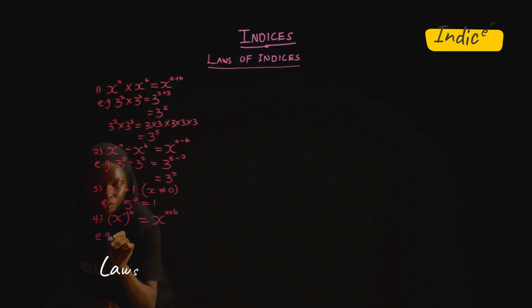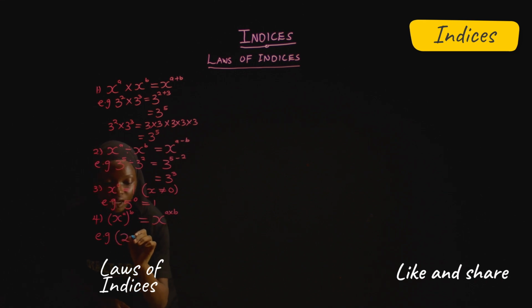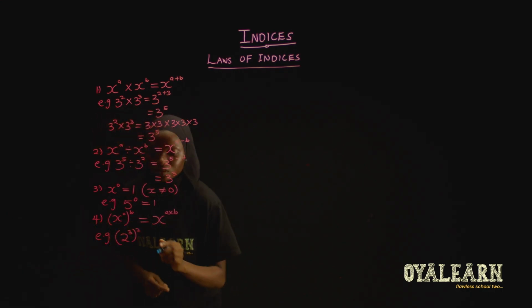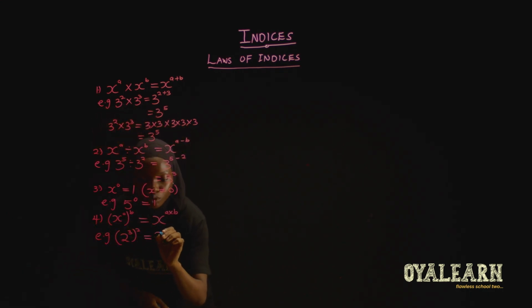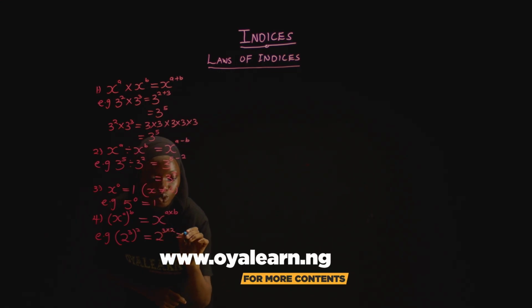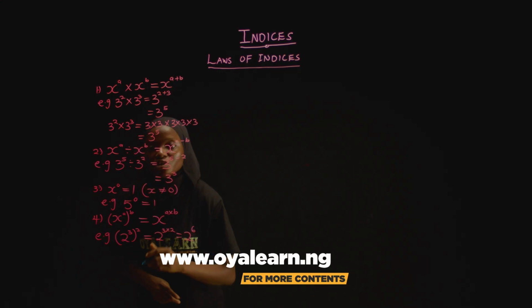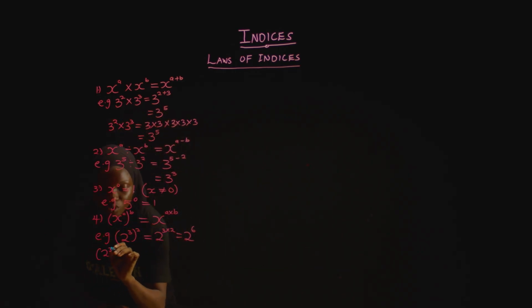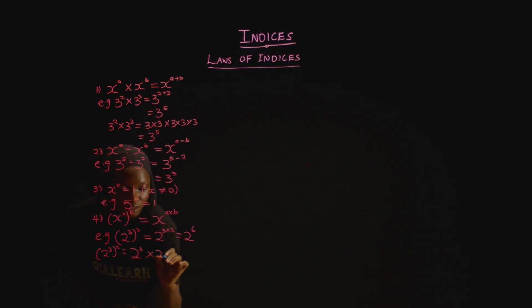Let's look at an example. If we have 2 raised to the power 3 all raised to the power of 2, what does this mean? This is the same thing as having 2, then you multiply the powers, 3 times 2, that is equal to 2 raised to the power of 6. But if you have chosen the longer route, that is 2 raised to the power 3 all raised to the power 2, it's the same thing as having 2 raised to the power 3 times 2 raised to the power 3.